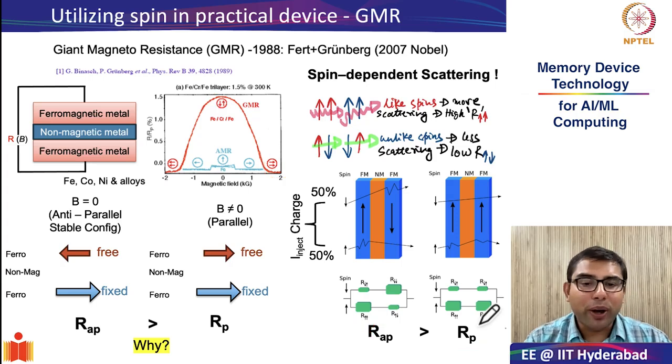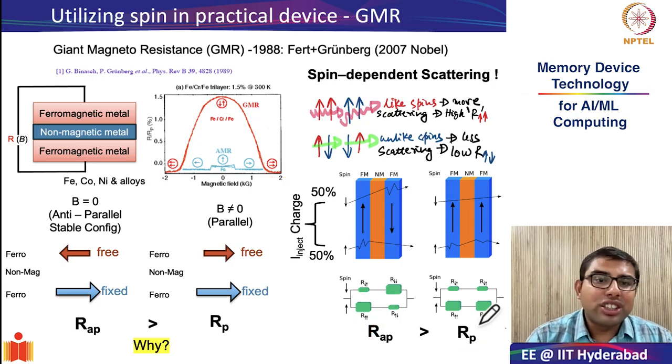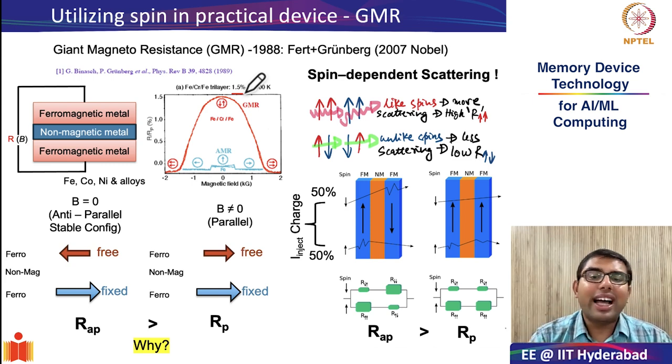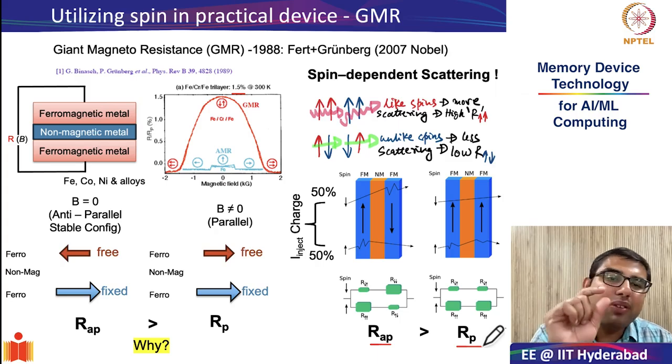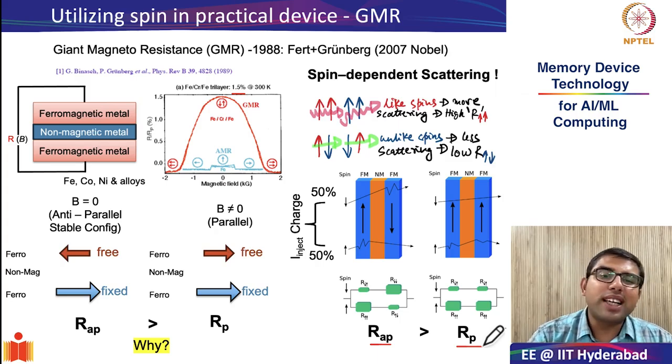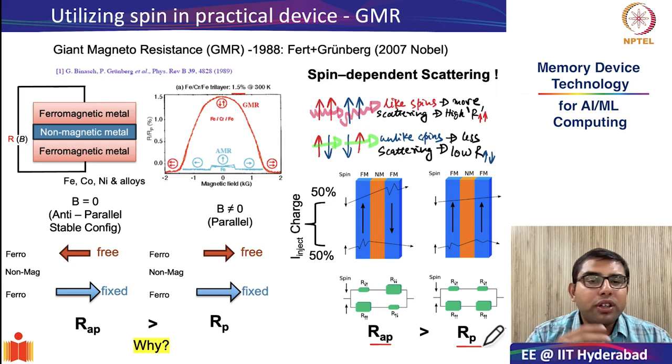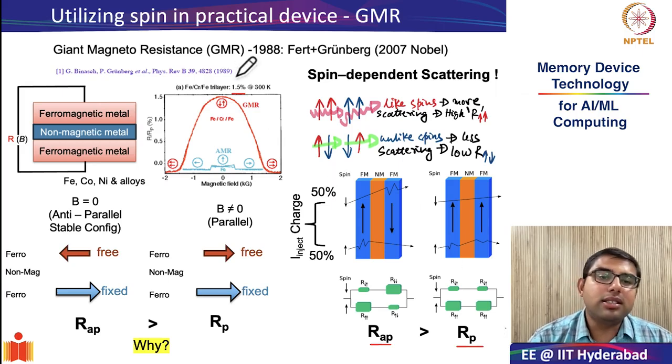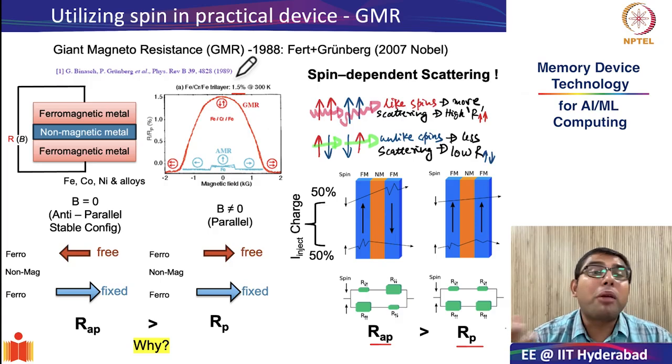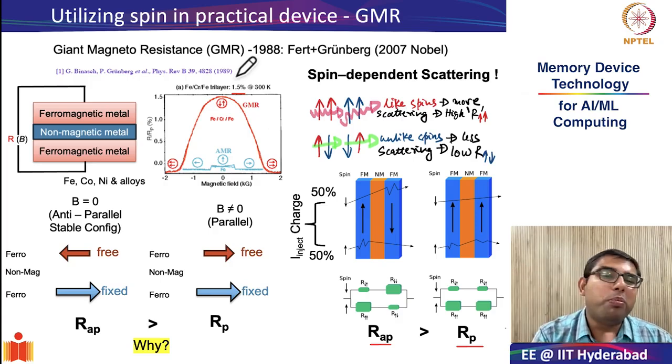However, it should be noted that, just like in the first demonstrations of giant magnetoresistance, the difference between the high resistance state, which was in the anti-parallel configuration, and the low resistance state, which was in the parallel configuration, is very, very tiny. Even doing a lot of significant engineering of the materials can only increase this number from 1.5% to, let's say, 10 to 15 or maximum 30% at room temperature.